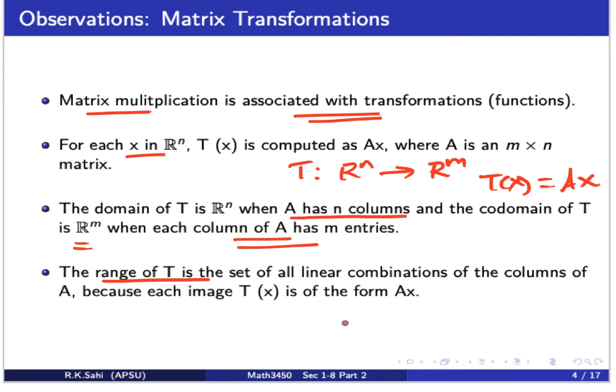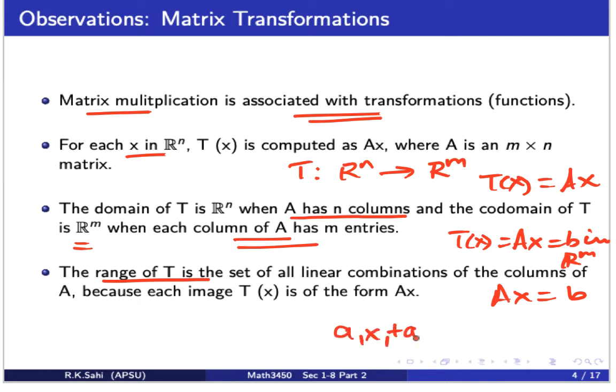Notice that when we write Tx equals Ax, Ax is a vector in Rm. So if you look at this matrix equation, Ax equals b, I can write this as a vector equation: a1 x1 plus a2 x2 plus dot dot dot plus an xn equals b.